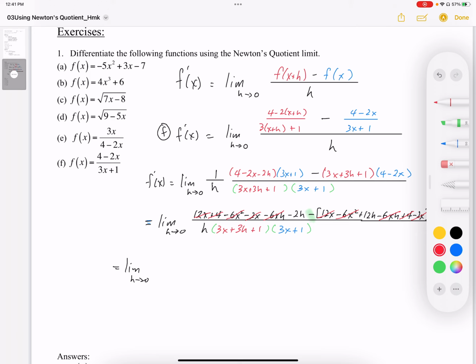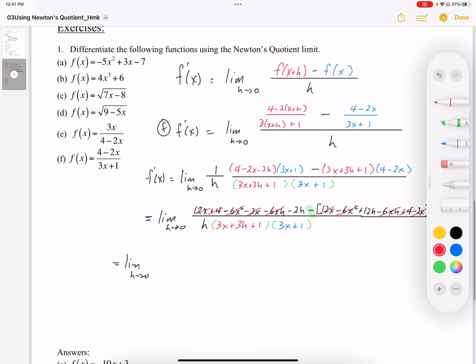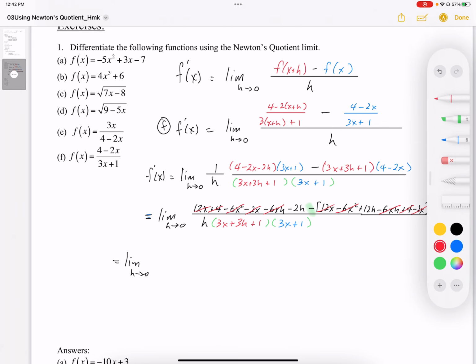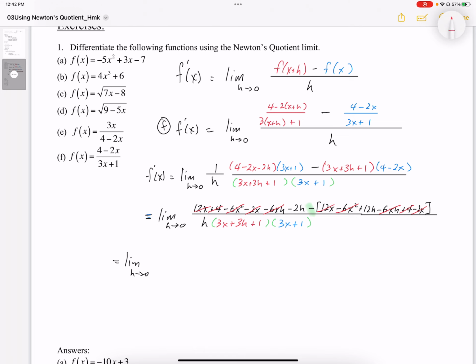Okay, so it looks like I have all those terms. Just double checking here. Okay, so then I can combine my like terms here that's left over. So I end up with, change the color. In the numerator, I'm only left with a minus 2h minus a 12h, so I end up with minus 14h.